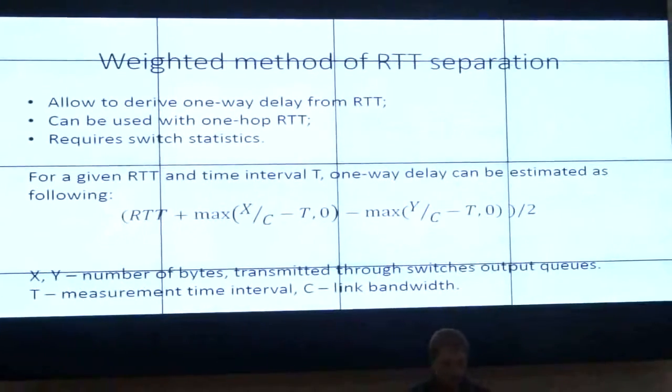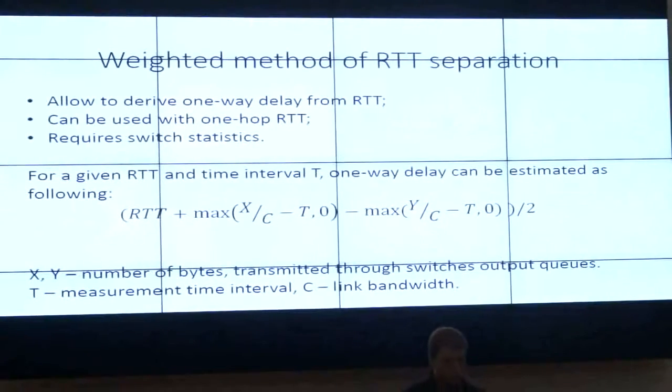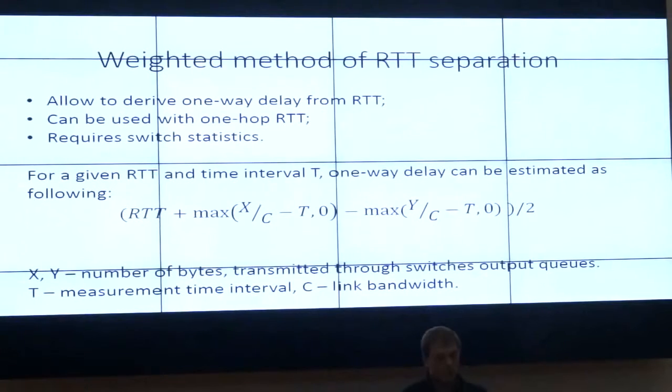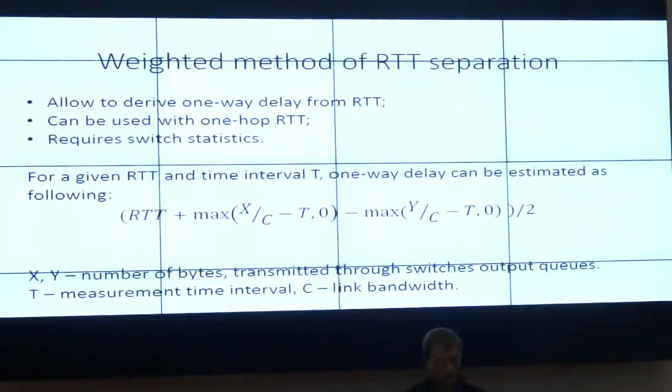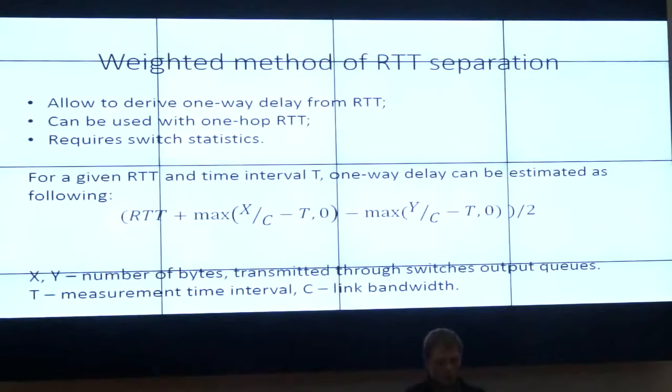The second problem of the proposed method is that we measure only round-trip time, but we want to obtain one-way delays. We propose the weighted method of RTT separation. If we just split the round-trip time in half, the result will often be inaccurate, but we can divide the round-trip time over a single hop with more accuracy.